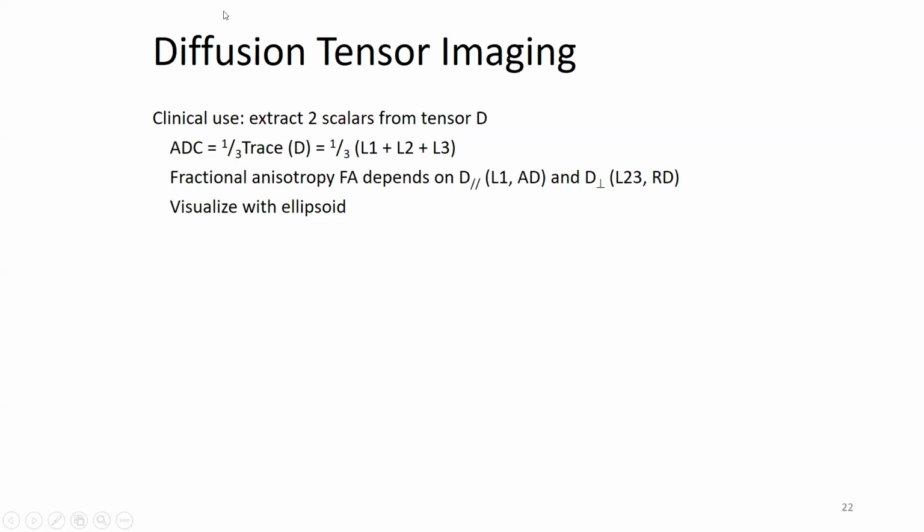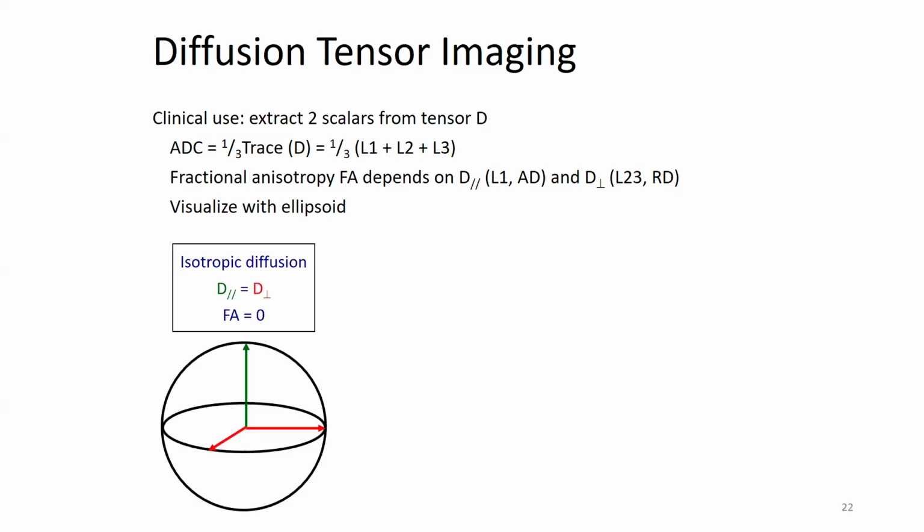You don't have to remember that. But you should know that I can extract the ADC from it, but also the FA, and this depends, in a not exact ratio, on the parallel diffusivity or the axial diffusivity and the perpendicular diffusivity. And I can visualize it as follows with an ellipsoid.